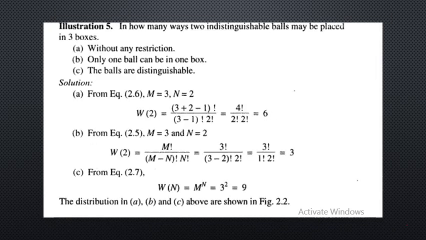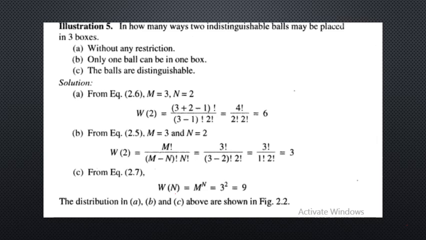Our next problem is, in how many ways can 2 indistinguishable balls be placed in 3 boxes. First condition is without any restriction. To solve this condition, equation 2.6 can be applied. Equation 2.6 is Wn is equal to (m plus n minus 1) whole factorial upon (m minus 1) whole factorial into factorial n.